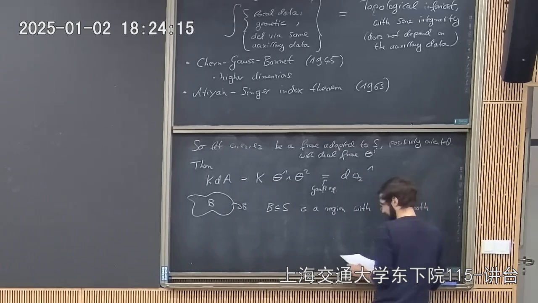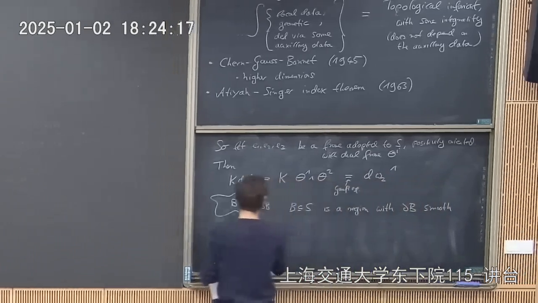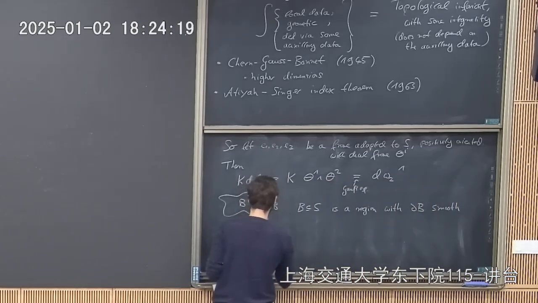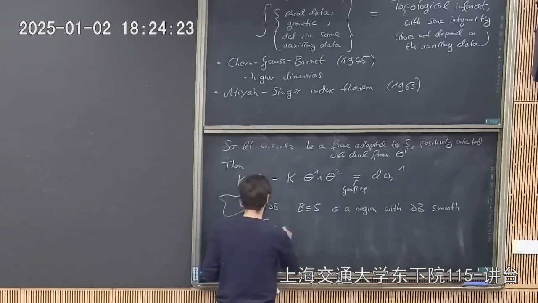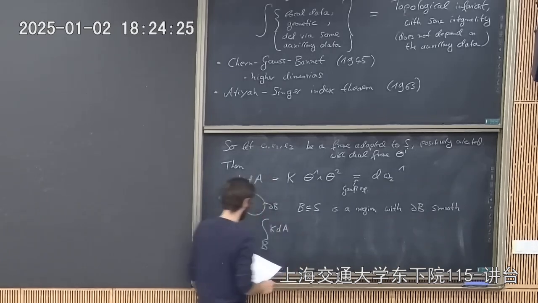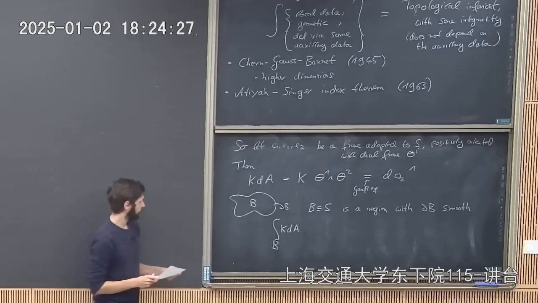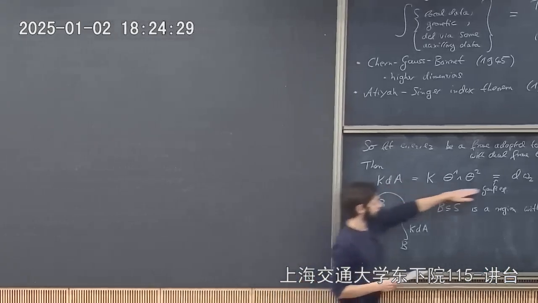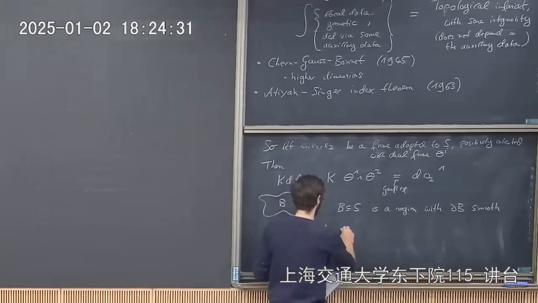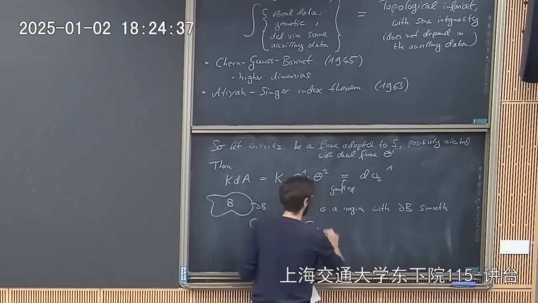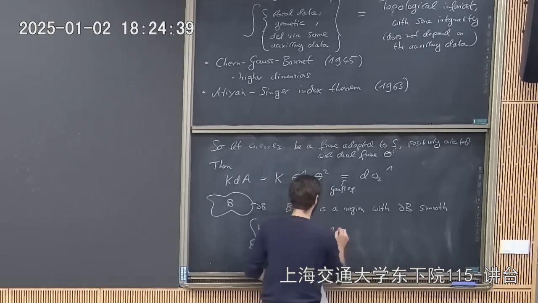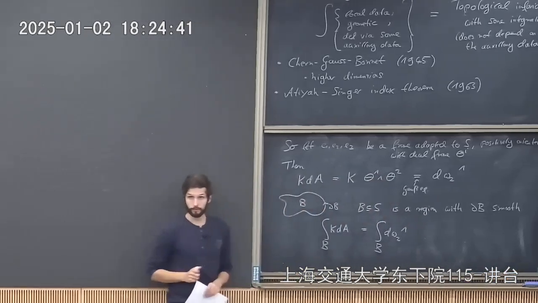What we can do now is integrate the left-hand side, K dA, over this area, and then by this calculation we can write it as the integral over B of the connection form.